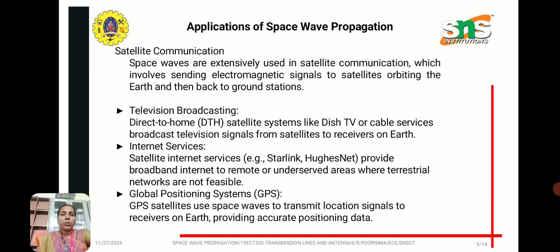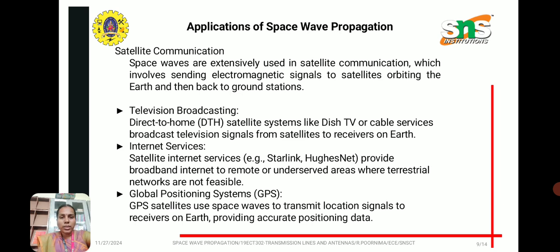First is satellite communication. Space waves are extensively used in satellite communication, which involves sending electromagnetic signals to satellites orbiting the earth and then back to the ground station. It involves television broadcasting, internet services, and the global positioning system. Direct to home satellite systems like Dish TV or cable services broadcast television signals from satellites to receivers on Earth.